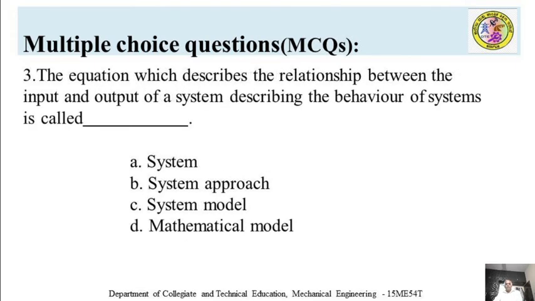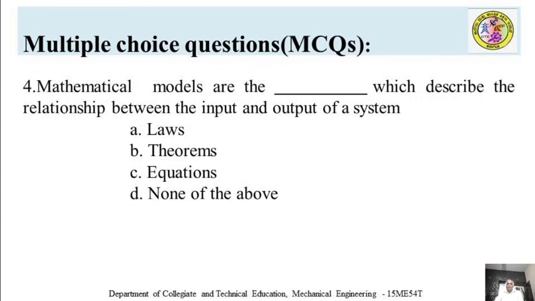The equation which describes the relationship between input and output of a system, describing the behavior of the system, is called a mathematical model. Mathematical models are the equations which describe the relationship between input and output of a system.